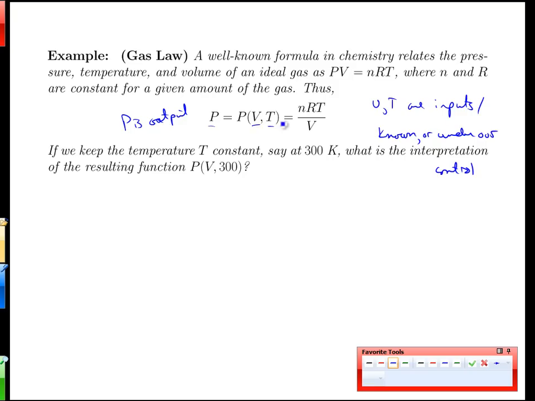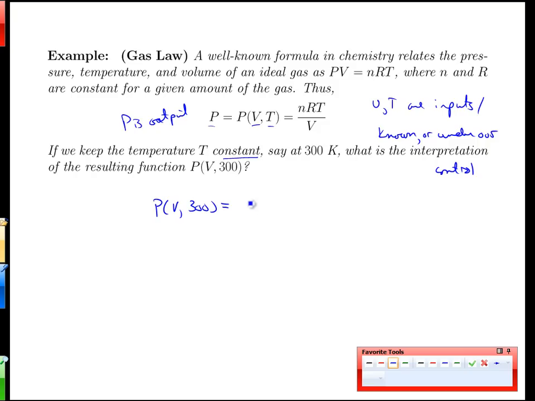So this is clearly a function of two variables. And what we're going to do immediately is try to reduce it back down to one by doing the same thing we did in our last example. Keeping the temperature constant, say at 300 Kelvin, what is the resulting interpretation of the function P(V, 300)?